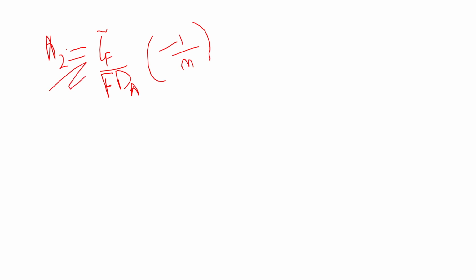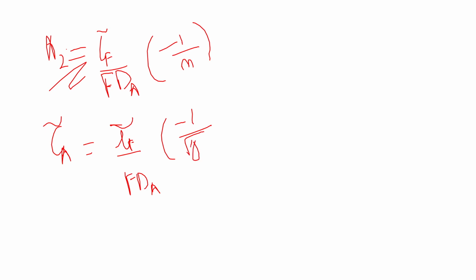Now I found out A2, I know A1 equal to 0. So if I substitute this back, this one will be A2 value, that is IF bar by nF dA, and substituting the value for m, jω by dA. Now I know what is IF dash, so how can I write that?